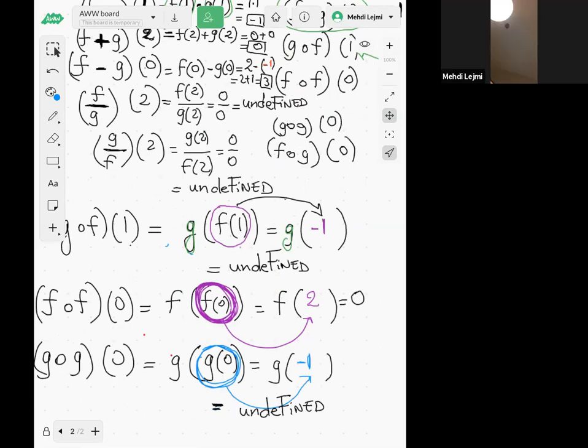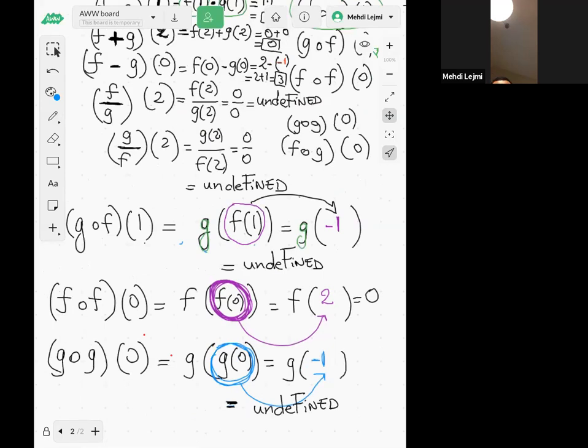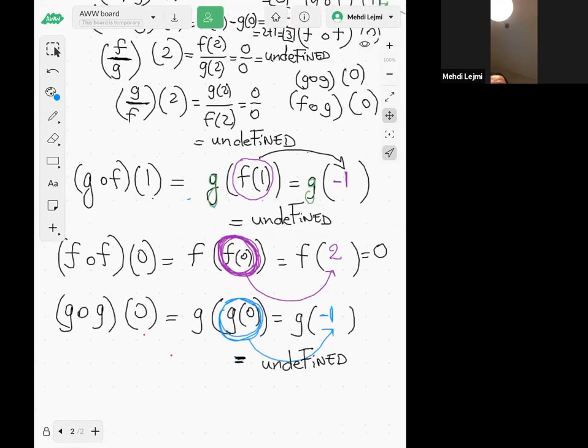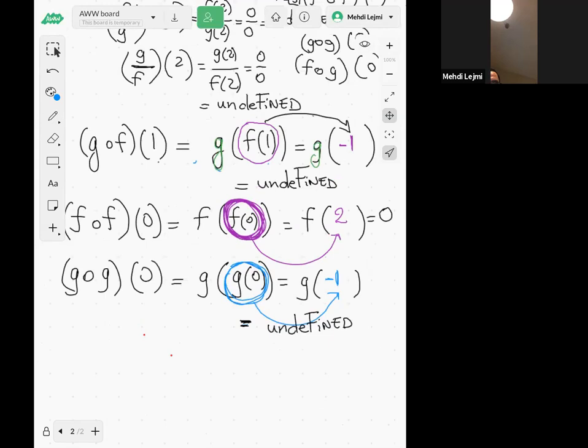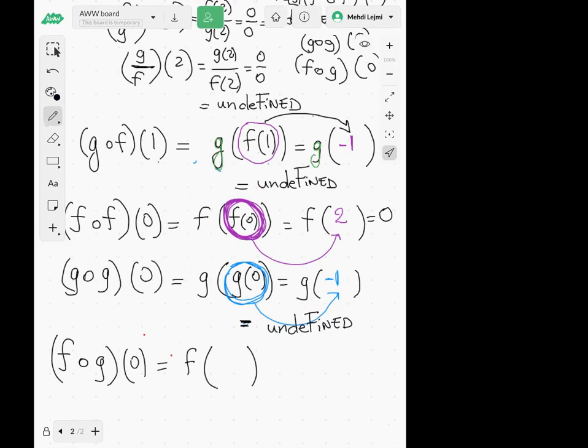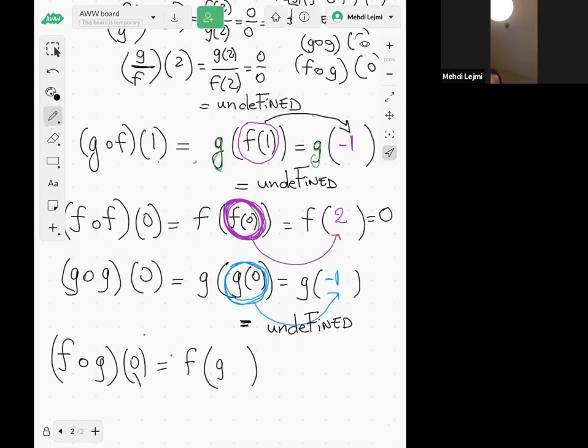Okay, and the last one, f composed with g of 0. First we have f, then parentheses, and inside the parentheses we have g of x, but my x is 0, so it's g of 0.